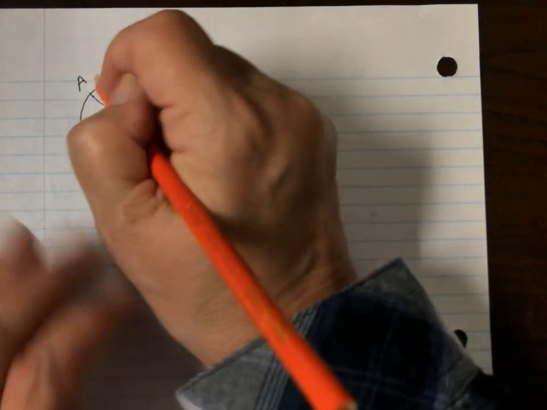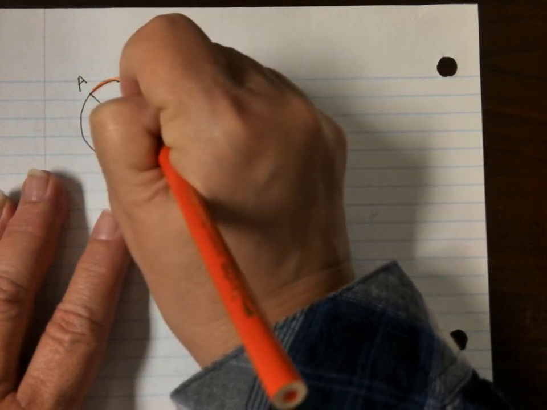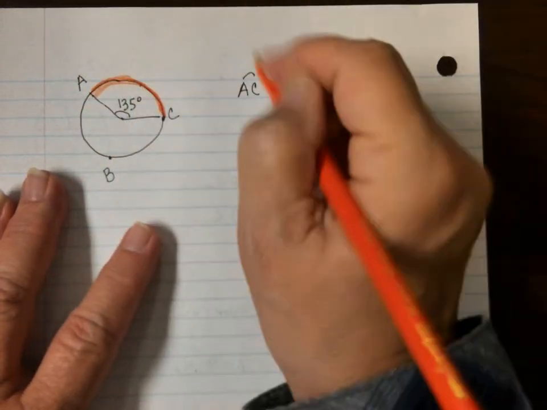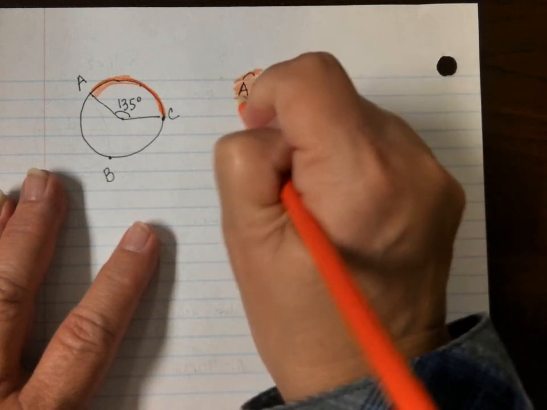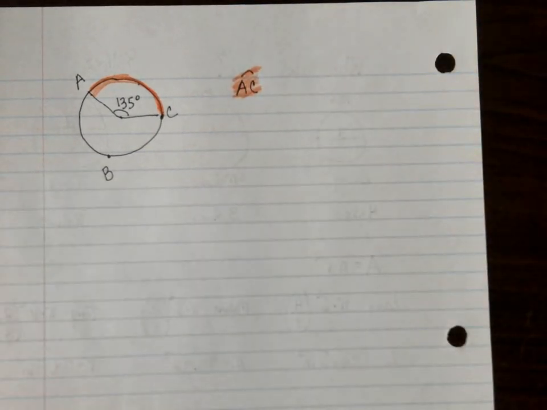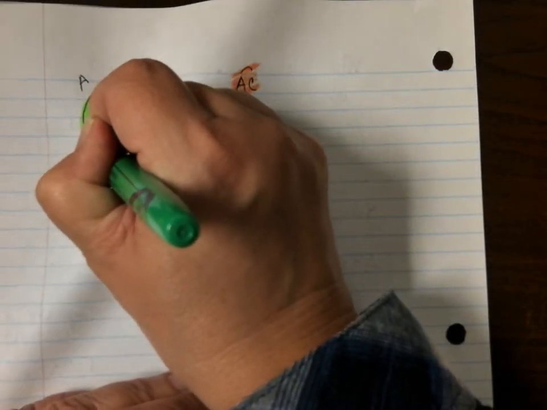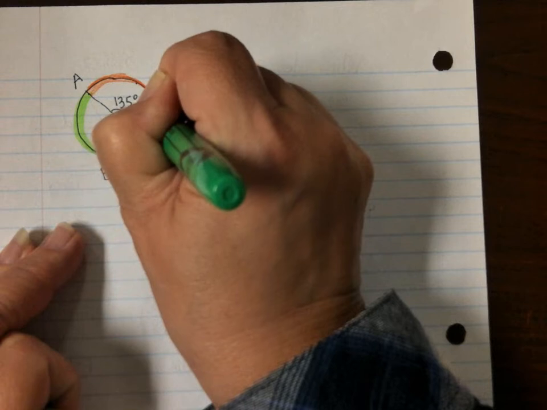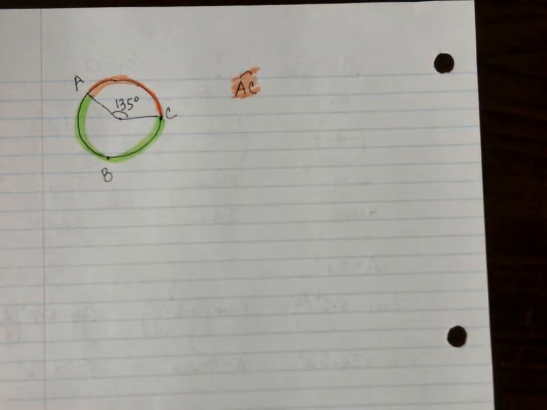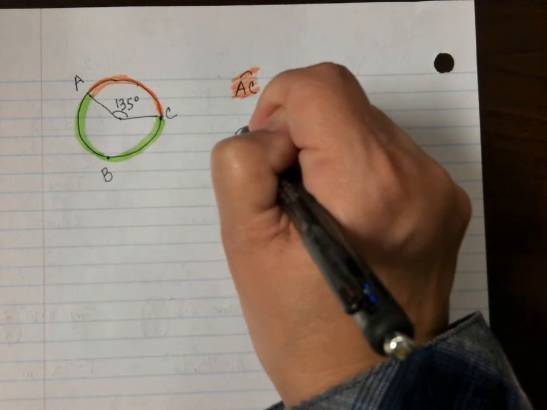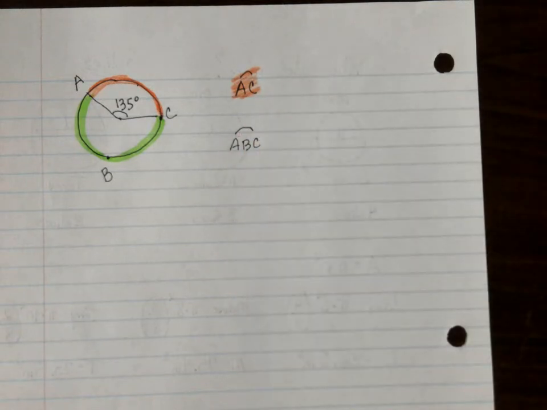So when you have a circle like this and you say A to C, that's called a minor arc, right? And you go around this way. But if you mean this part over here, if you wanted to talk about that part, then you'd say ABC, arc ABC.